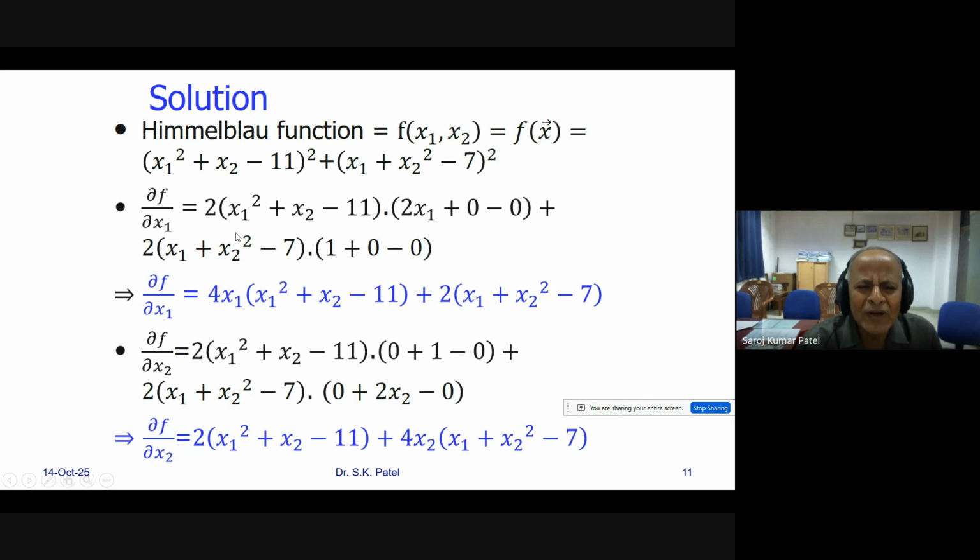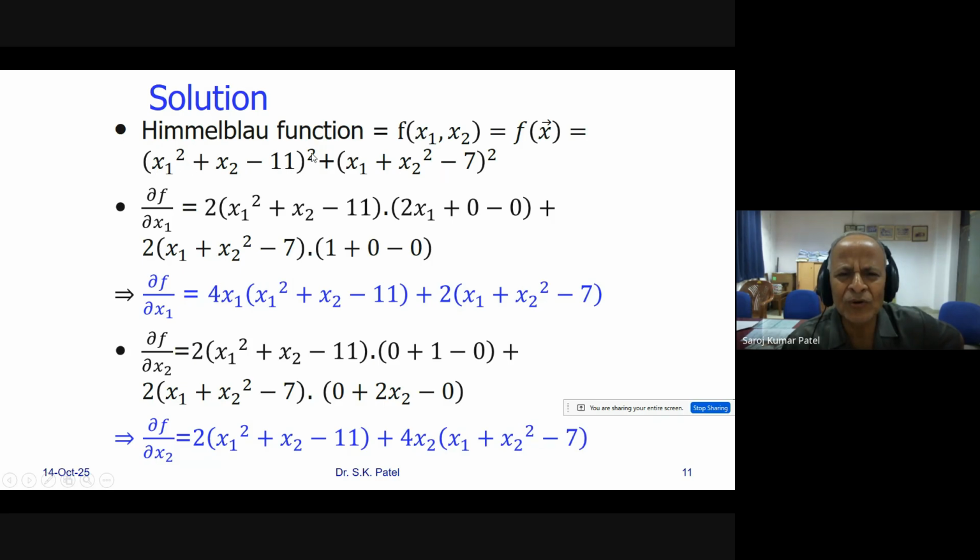So for the gradient vector, we need two partial derivatives, one with respect to x1 and one with respect to x2: del f del x1 and del f del x2. So f is like this. For del f del x1, we have to first take the derivative of the first term, with respect to x1, keeping x2 constant. Here it is an addition of two expressions.